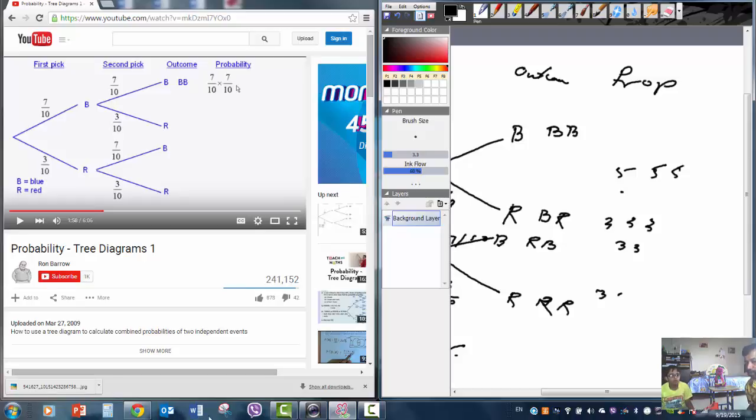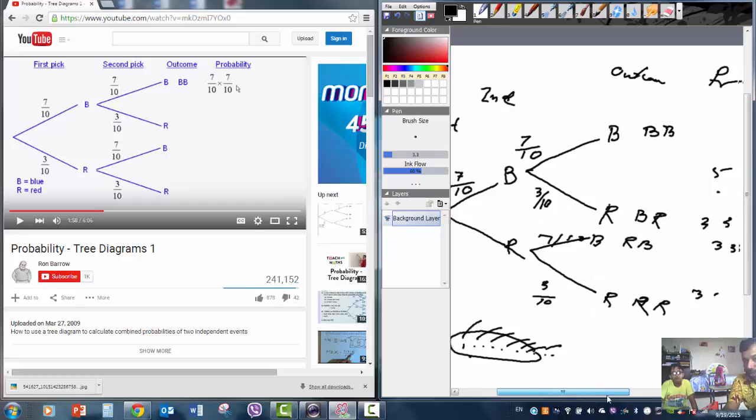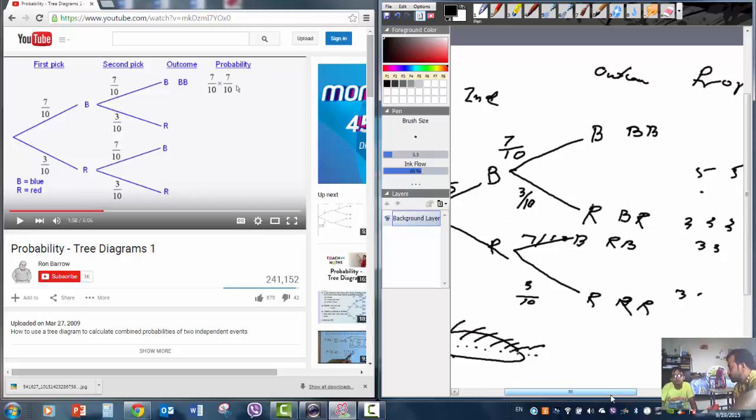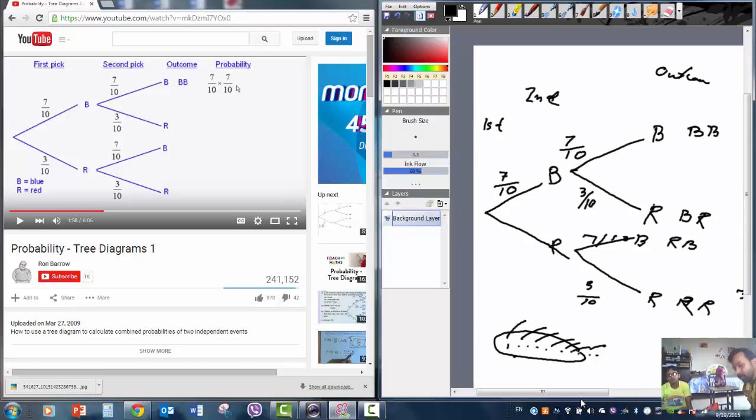If you want to find the probability of something at the end of a branch of the tree diagram, you always multiply along the branch. If you multiply the probabilities, then it will be the probability of this.